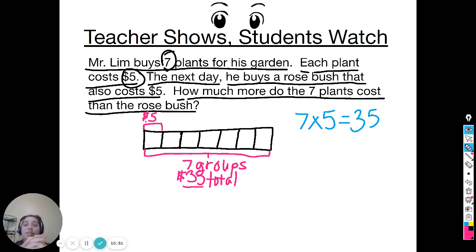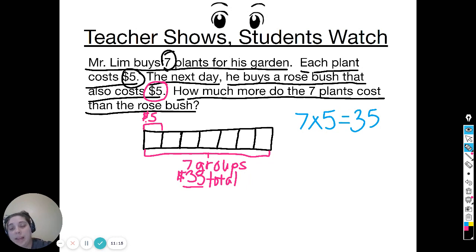Okay, that brings us to the second part of our problem. The next day, he buys a rose bush that also costs $5. How much more do the 7 plants cost than the rose bush? So now let's make another tape diagram, okay? Showing this rose bush that costs $5.